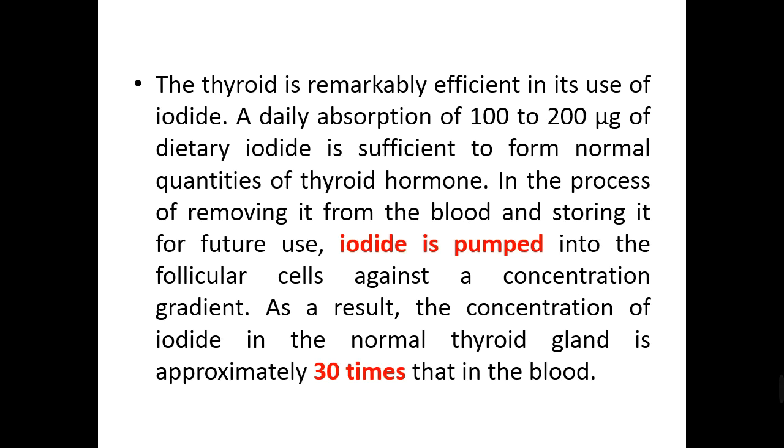In the process of removing it from the blood and storing it for future use, iodide is pumped into the follicular cells against a concentration gradient. As a result, the concentration of iodide in the normal thyroid gland is approximately 30 times that in blood. 30 times more iodide is present in the thyroid gland than in blood.